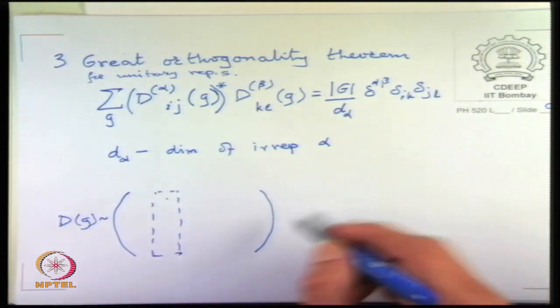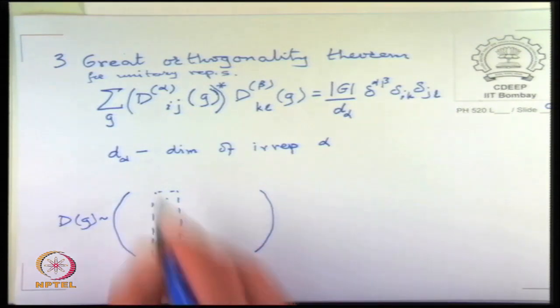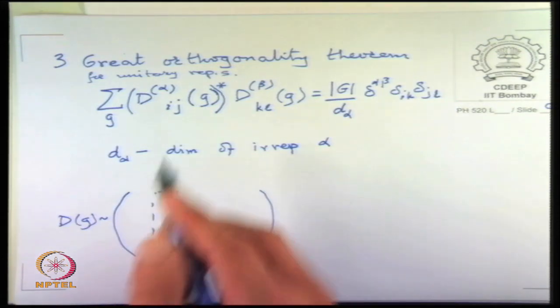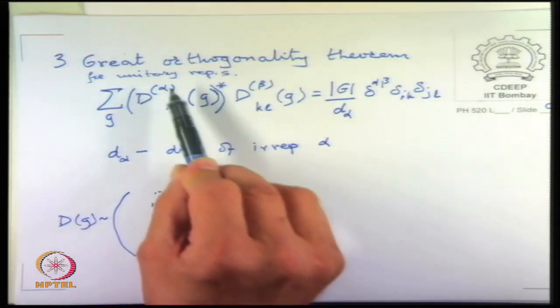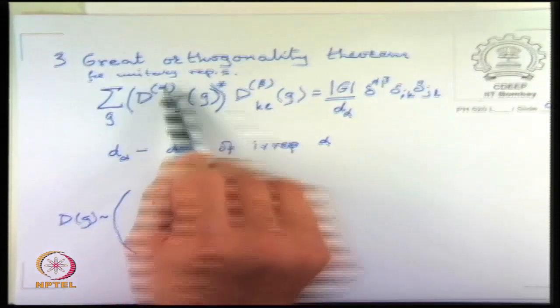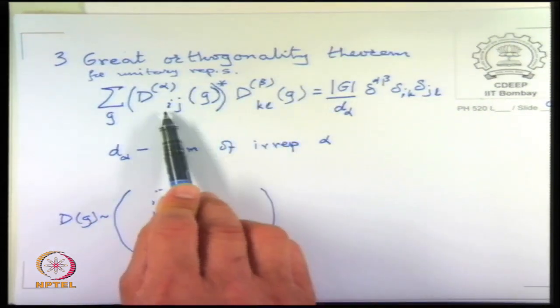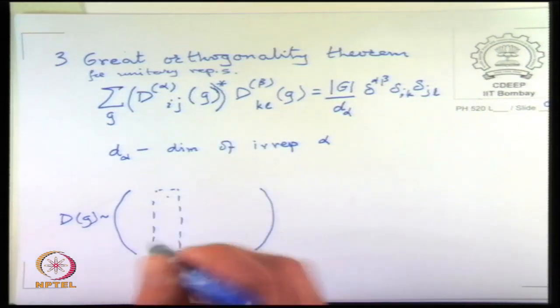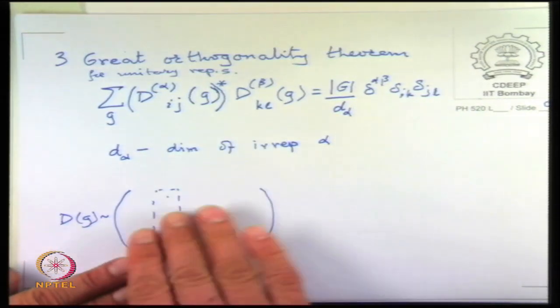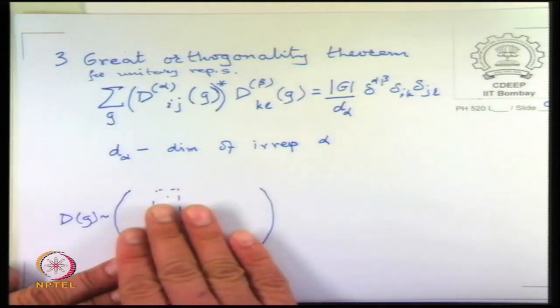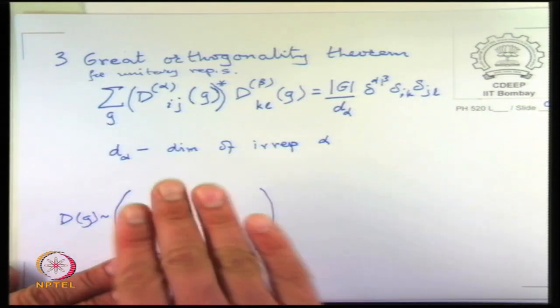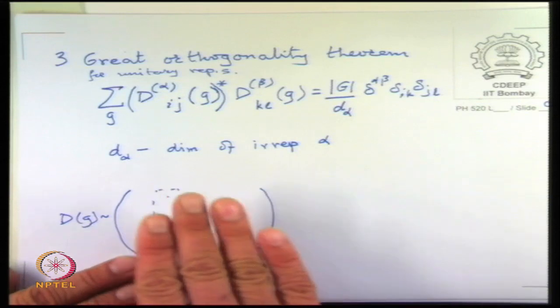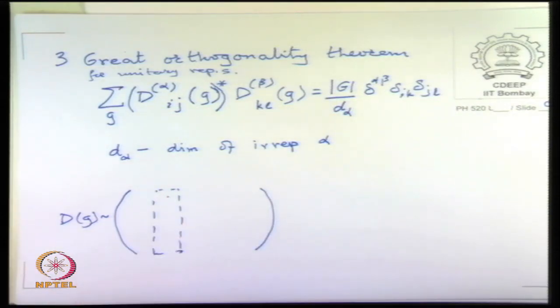I have to draw the corresponding D beta, but it is going to be essentially a statement about the representations matching, alpha has to be beta, and the row wise and column wise you have to have so, and you can think of this summation over G by stacking up all the elements G above it. So it is a sum of elements of this kind.